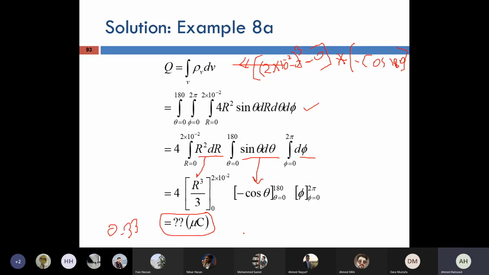Very good. I can see my writing is not good because I am using a mouse. 2 by negative 0, okay. Then you have 2 pi. Can we just calculate this part? So we have 2 multiplying by 10 to the power of negative 2, power 3.